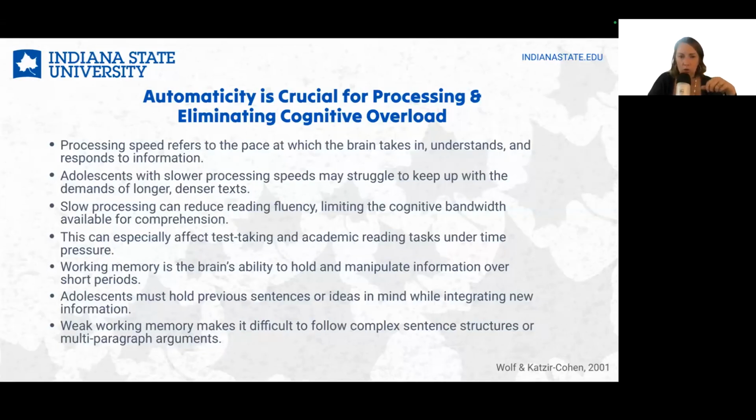We call it cognitive overload. If they are reading in chunks and decoding at the word level, and it's a struggle, it is too much to ask them then to answer higher order questions or write an essay about the text. All of their mental energy just went into decoding.